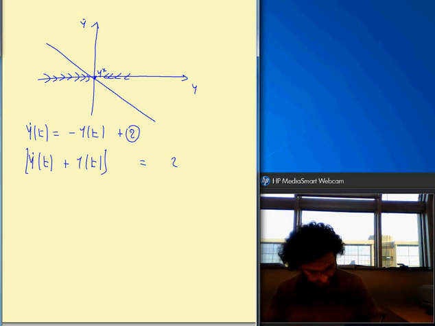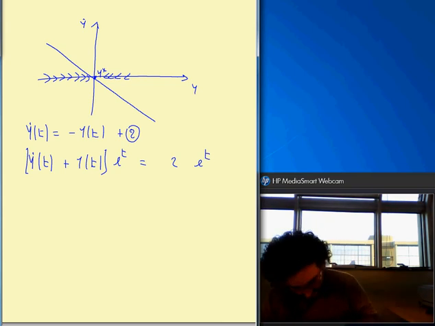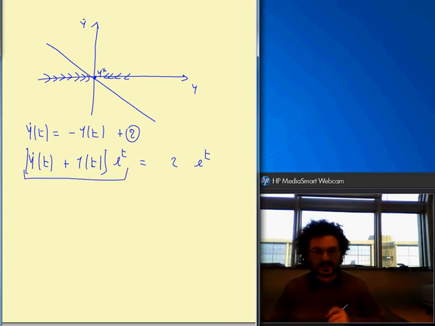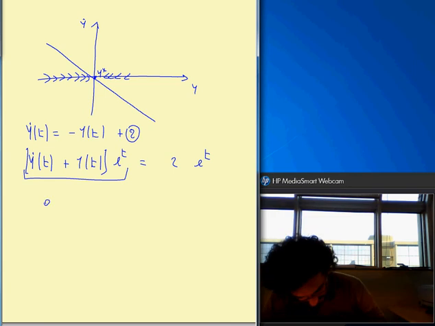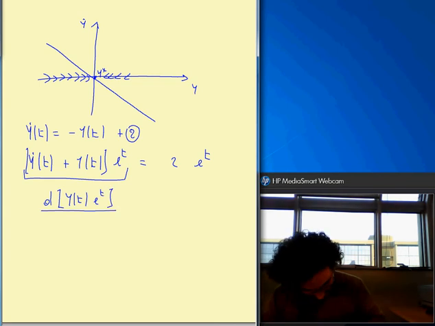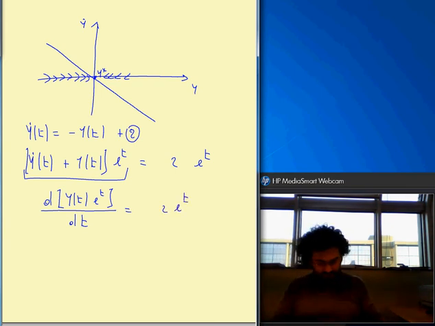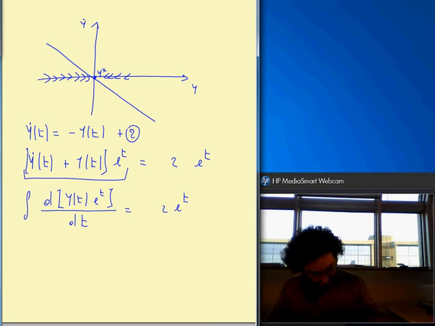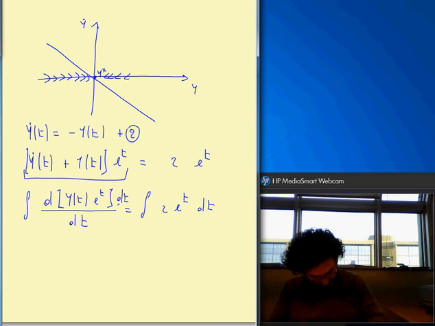This means that we get y t e to the power of t equal to the integral of this, which is 2 times e to the power t plus a constant c. So we get the general solution of our differential equation, which is y t equal to 2 plus c e to the power of minus t.